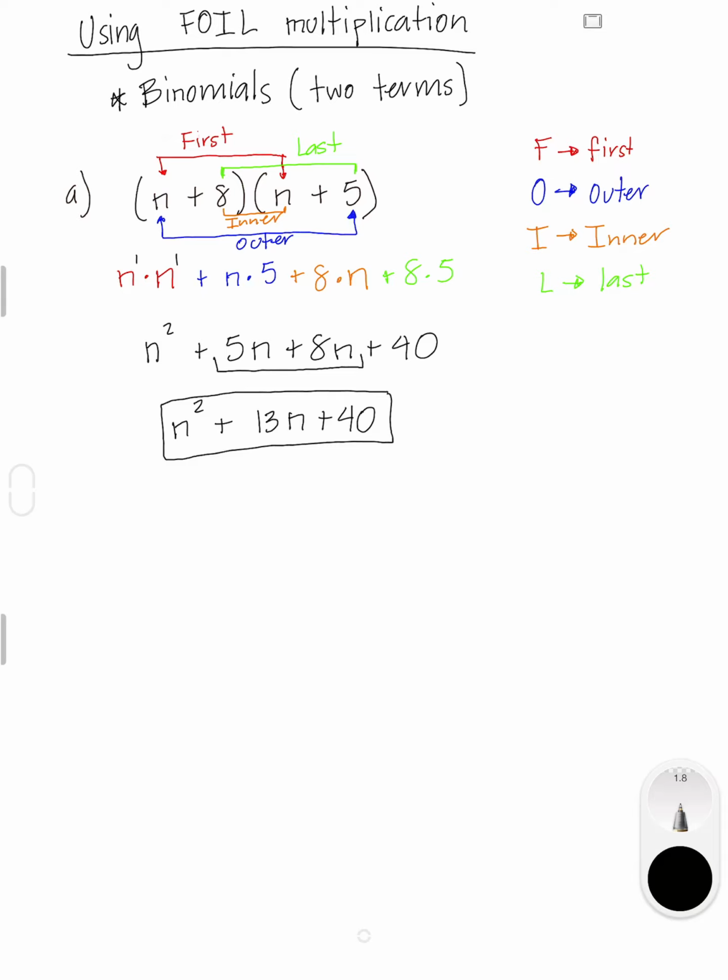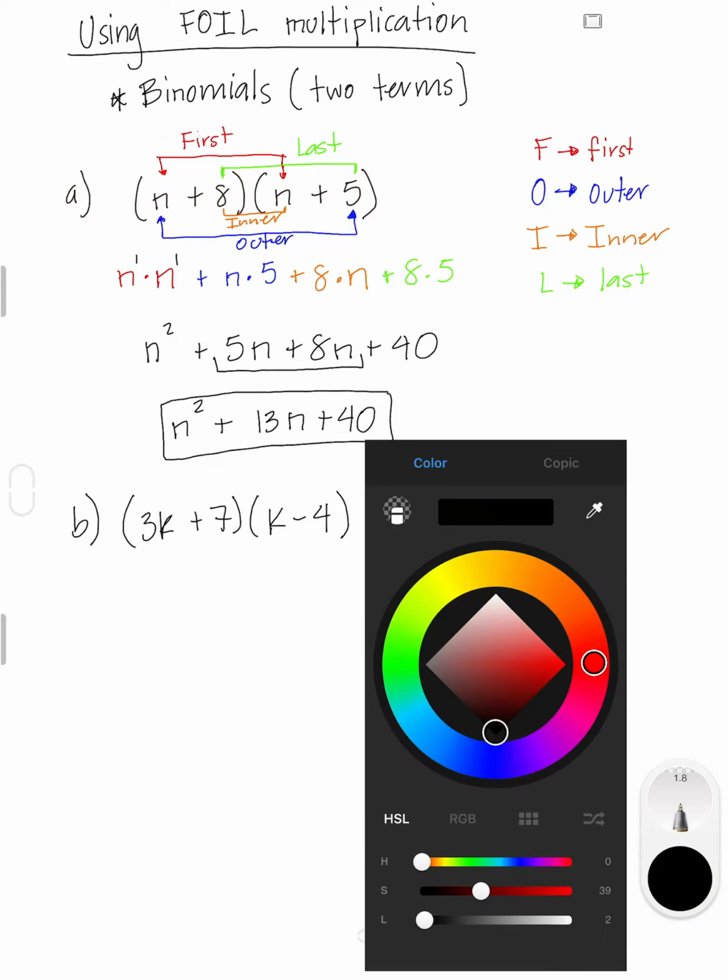Okay, let's go ahead and solve another. We're going to have 3k plus 7 times k minus 4. So remember, we start with the first terms.